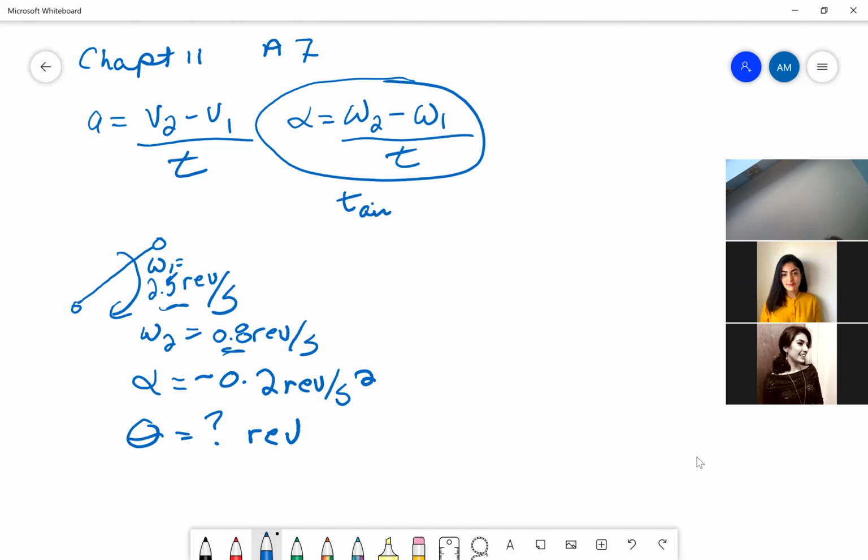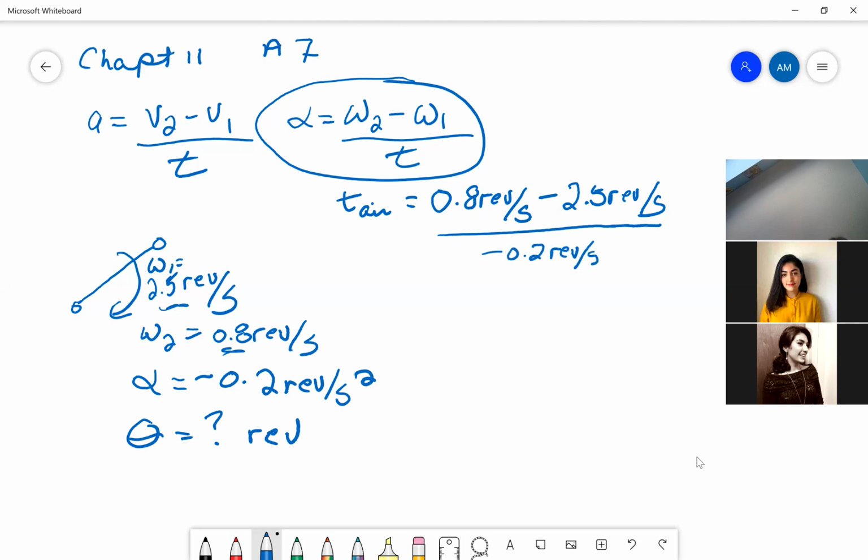The time in the air is going to equal 0.8 revolutions per second minus 2.5 revolutions per second, over negative 0.2 revolutions per second squared. What's that?